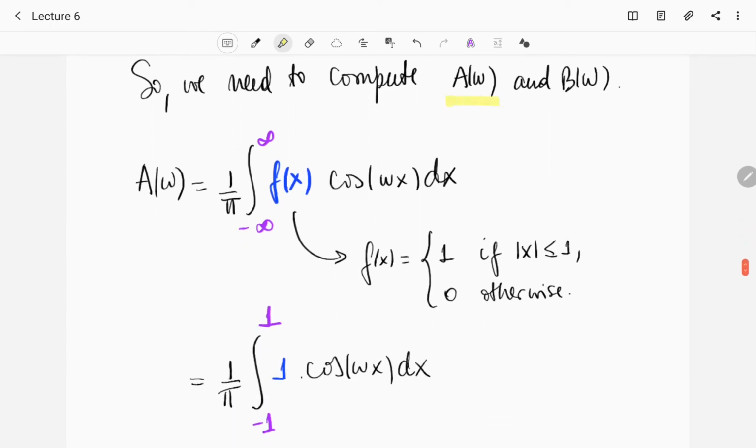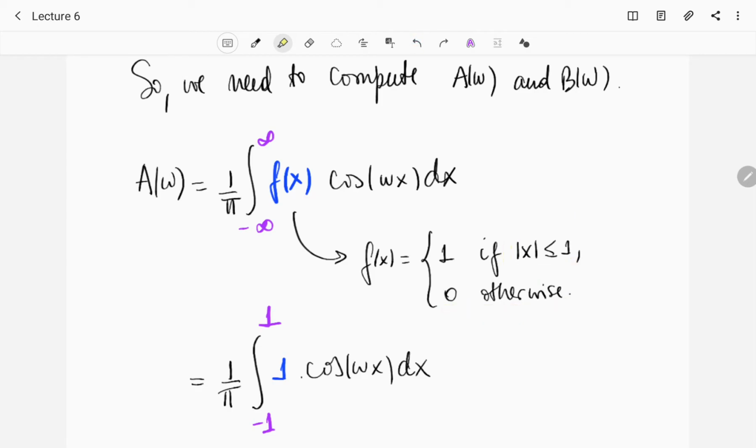Let's start with capital A of omega. By definition, this is 1 over pi times the integral from minus infinity to infinity of f times cosine of omega x, differential x. But now, in this example, our f is 0 if we are not in the interval minus 1, 1.